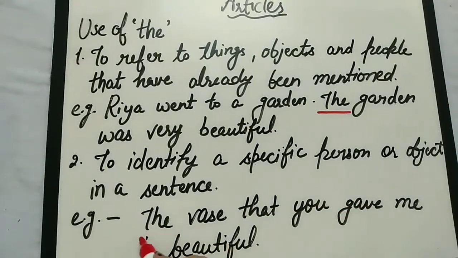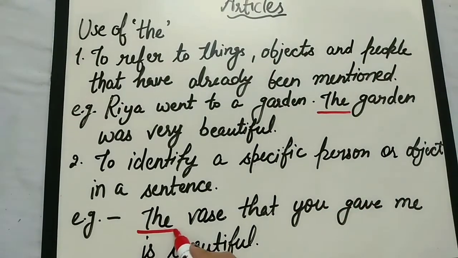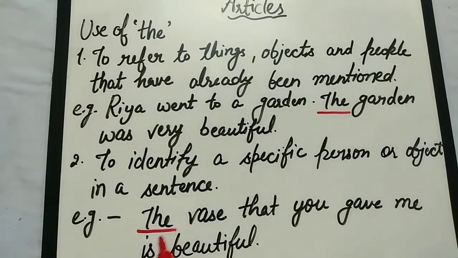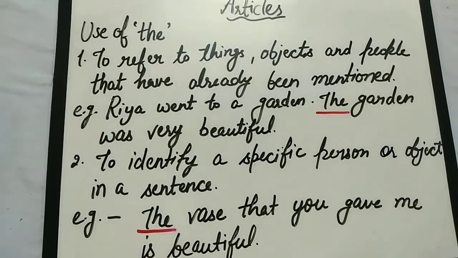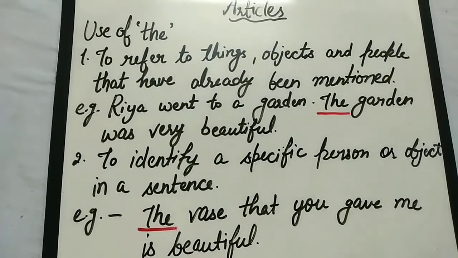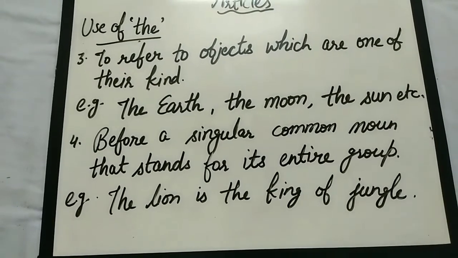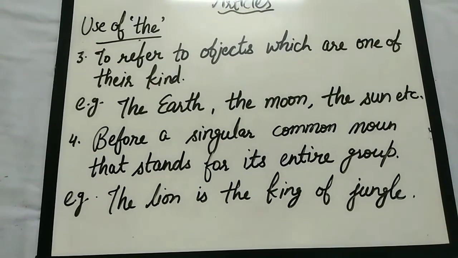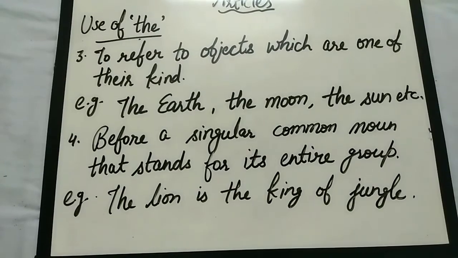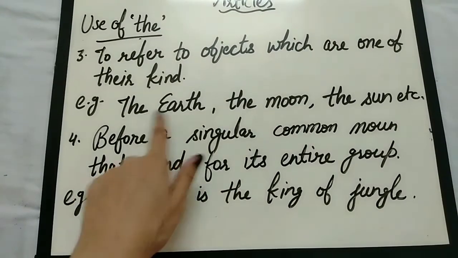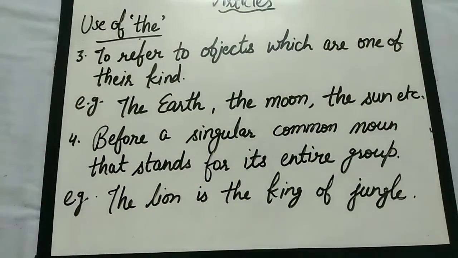It means we are talking specifically about that vase which was given by you. So that's why we have used the definite article here. It is also used to refer to objects which are one of their kind, meaning which are specific and are one in number, and those are the earth, the moon and the sun.